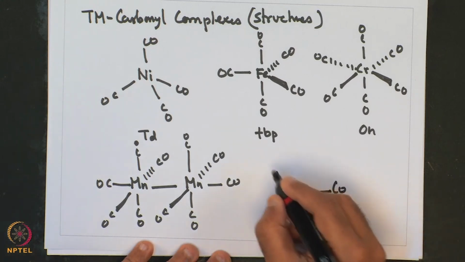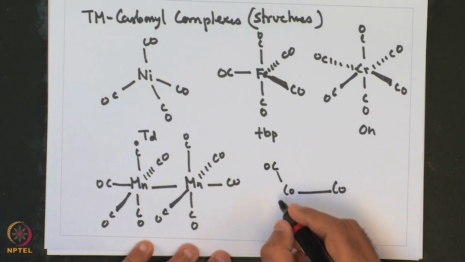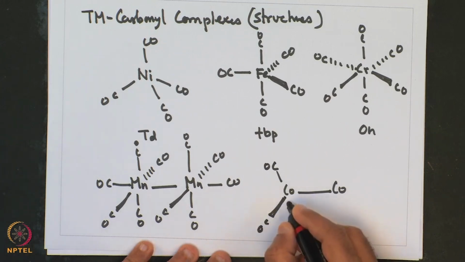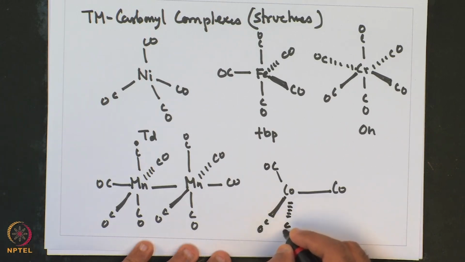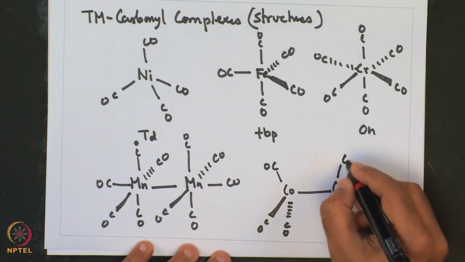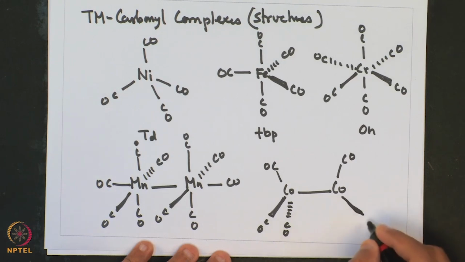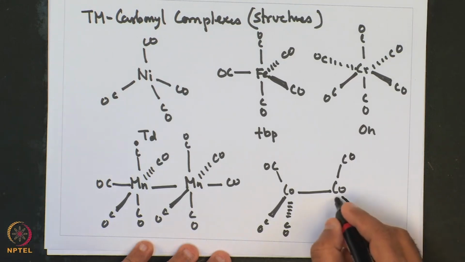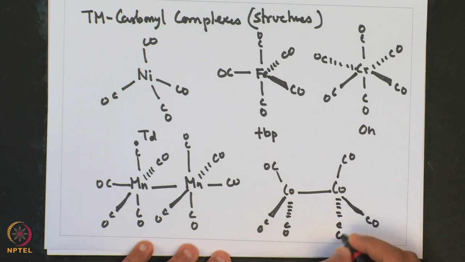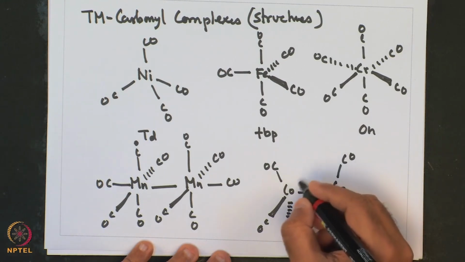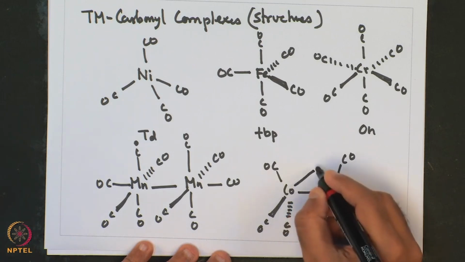So, that means that there are 3 carbonyls on each cobalt, and there are 2 bridging carbonyls.